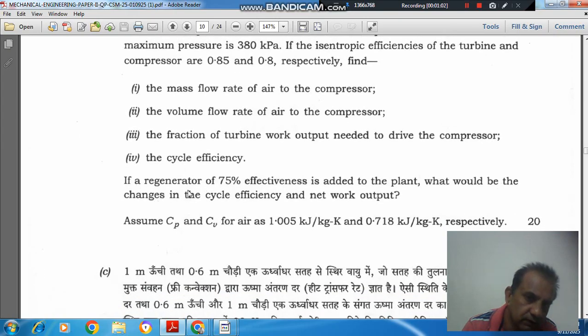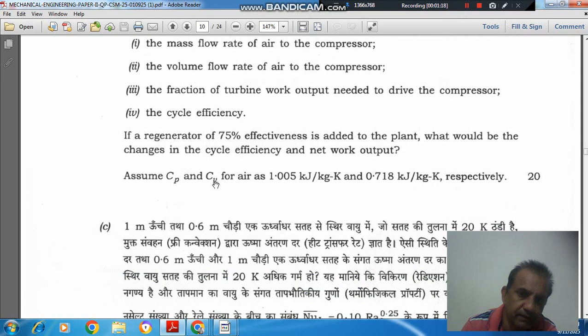If a generator of 75% effectiveness is added to the plant, what would be the changes in the cycle efficiency and net work output? Assume Cp and Cv for air as 1.005 kilojoule per kilogram per degree Kelvin and 0.718 kilojoule per kilogram per degree Kelvin respectively.